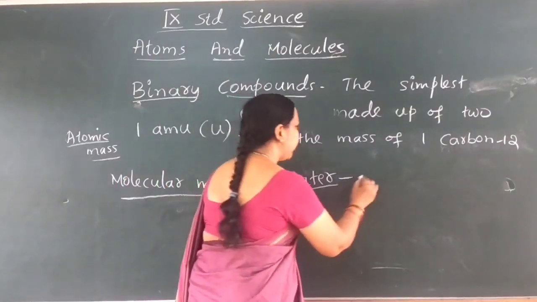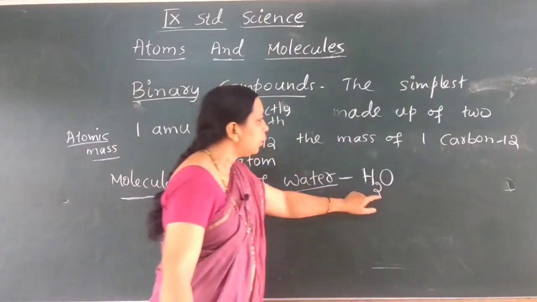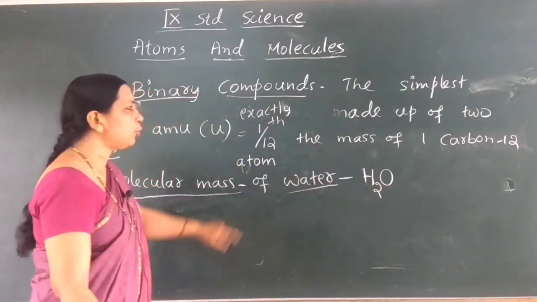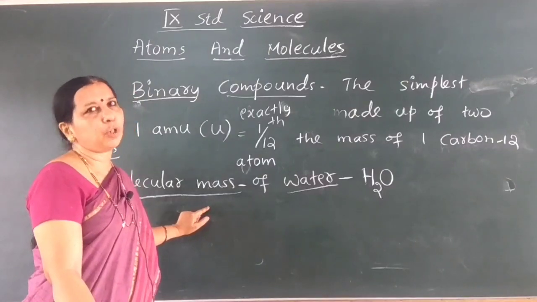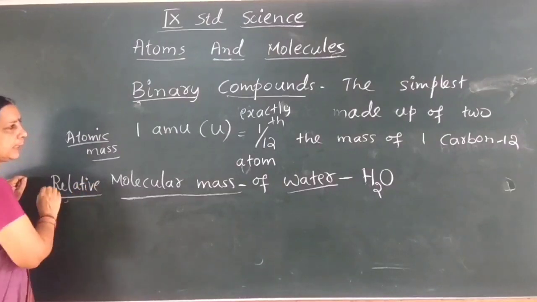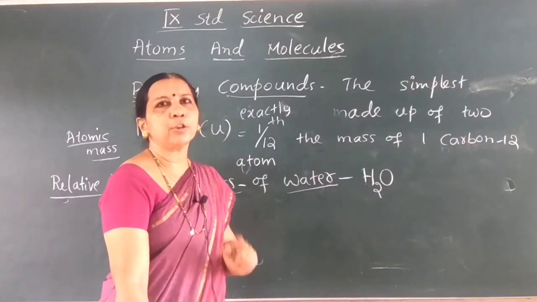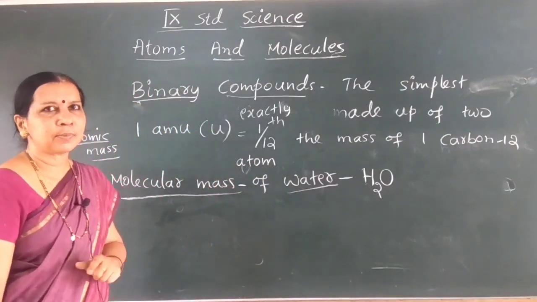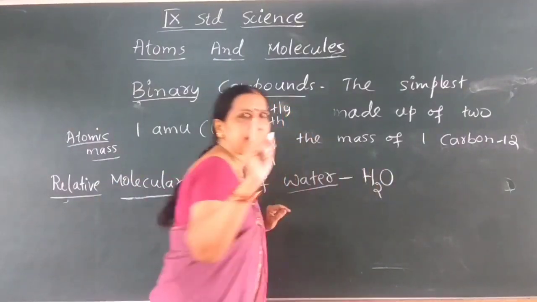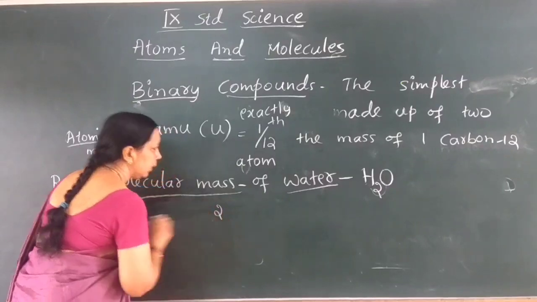The molecular formula of water is H2O. So here 2 atoms of hydrogen and 1 atom of oxygen are present. Relative molecular mass we find. It is the sum of the atomic masses of all the atoms present in one molecule of that substance. Now H2O means it is one molecule of water. So how many atoms of hydrogen? 2.